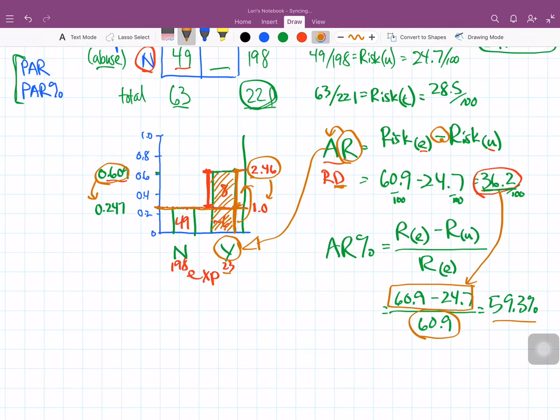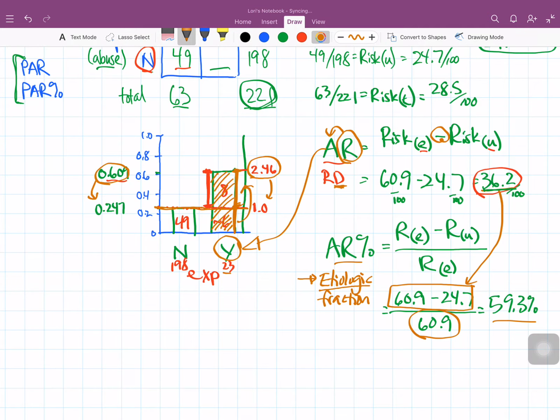Now this also has some other names. This is called etiologic fraction. That really is an important terminology. Attributable risk percent can sound complicated, but etiologic fraction, I really like that term because it tells us that this gives us information about the etiology of disease.